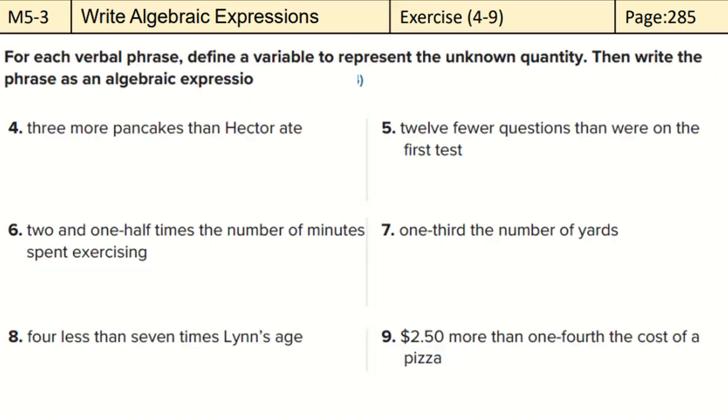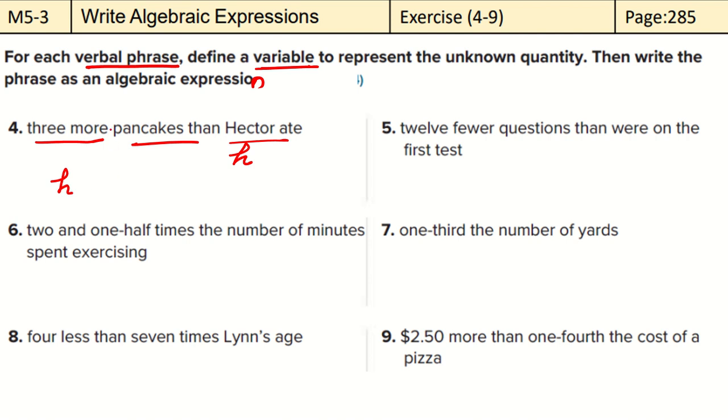Okay. Now let's deal with some word problems. For each verbal phrase, meaning statement, define a variable to represent the unknown quantity, then write the phrase as an algebraic expression. Okay. Now let's talk about it. 3 more pancakes than Hector ate. So I am taking H for Hector. Okay.